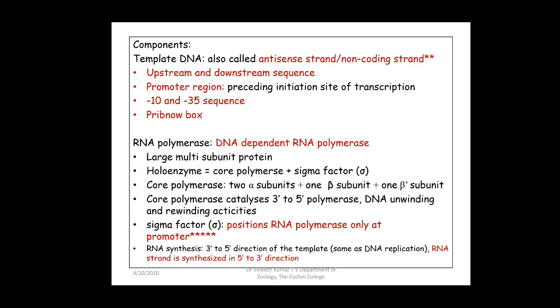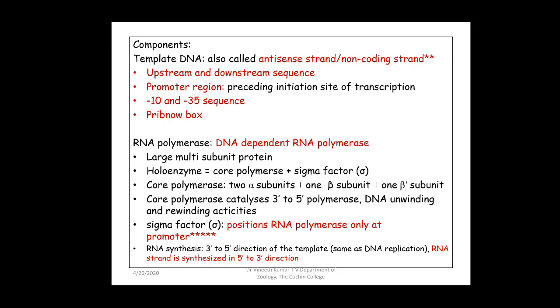So this is a multi-subunit enzyme, or the holoenzyme consists of a core polymerase and a sigma factor. The core polymerase consists of 4 subunits: 2 alpha subunits, a beta subunit, and a beta dash subunit. The core enzyme has 3 catalytic sites. One is for the polymerase activity, for synthesizing the RNA in the 5' to 3' direction.